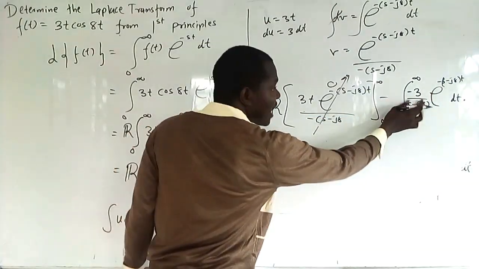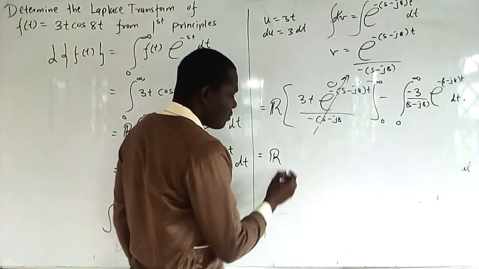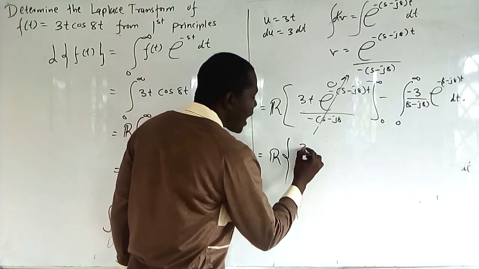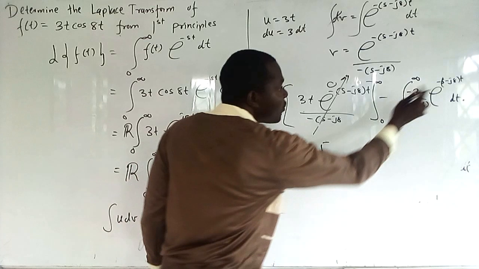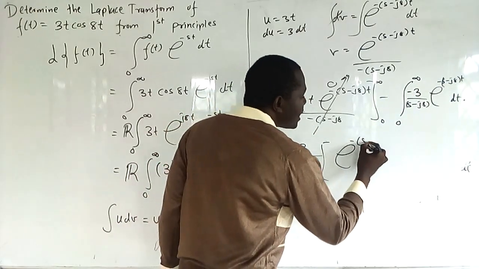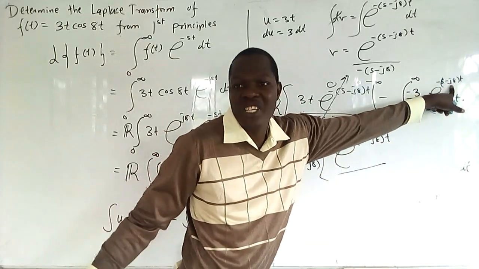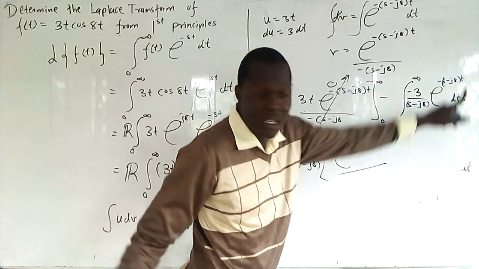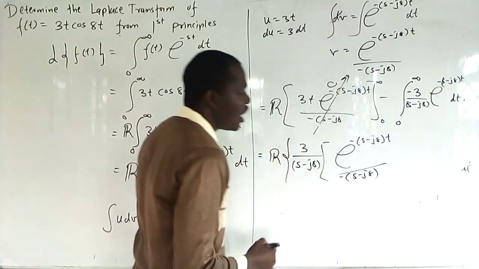So you remove the constant outside, negative into negative is positive. So it is the real part of 3 over (s minus ja). Then if you integrate the exponential function, you get e^(-(s-ja)t) the way it is, then you divide by that constant, which is the derivative of the inner function, isn't it? So divide by minus (s minus ja), isn't it?